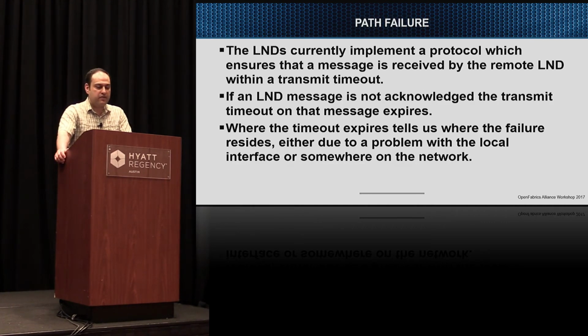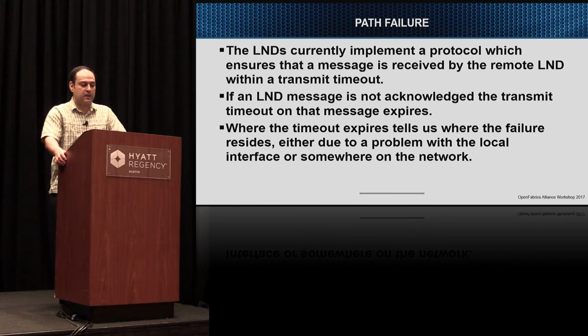Then there is a path failure. This really is determined at the LND level. When LNet says send a put or send a get, this actually gets translated to multiple messages at the LND level. There's a protocol between the LNDs to make sure that the put or the get is completed.